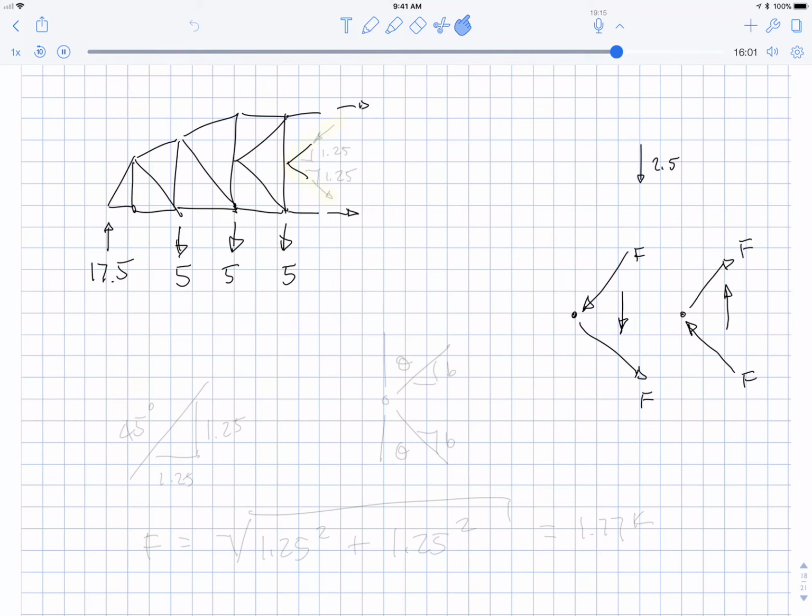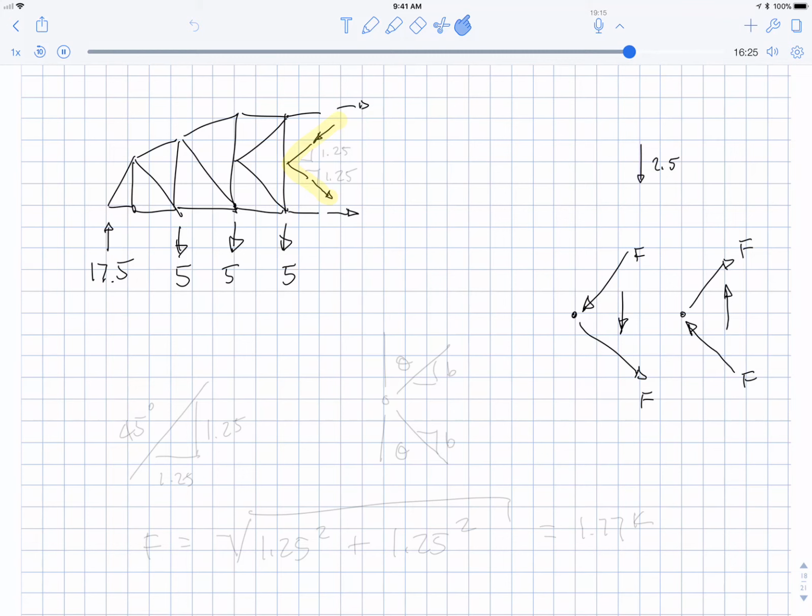I just said we need 2.5 going down. What that means is that force is going in, this force is coming out. If you look right here at the joint, those will have the X forces cancel out. Remember, they have to do that at the joint. But what they do is they have the Y components both pointing down.